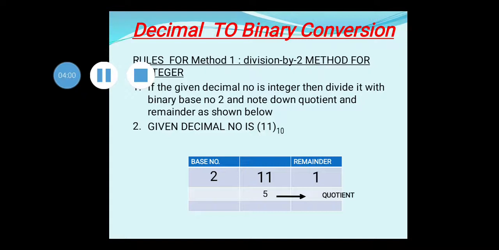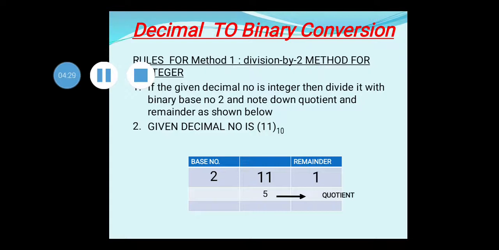So now when you divide 11 by 2, 2 5s are 10 and you get the remainder 1 and the quotient is 5. The quotient you have to write down just below the decimal number 11, and the remainder you have to note down in the remainder column. So this is how you are going to do it.